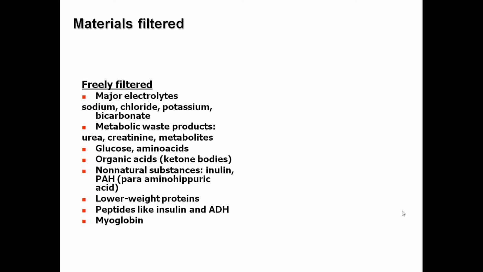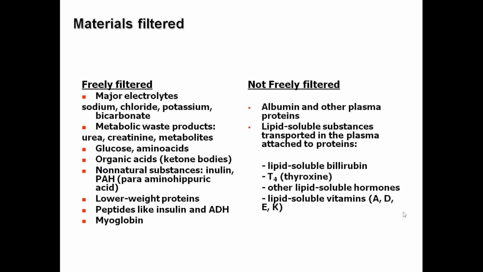You also have glucose and amino acids, organic acids like ketone bodies, non-natural substances like inulin, para-aminohippuric acid, lower weight proteins, peptides like insulin and antidiuretic hormone, and myoglobin. So as you can see, actually a huge number of substances is freely filtered, but it's much easier to remember which substances are not freely filtered.